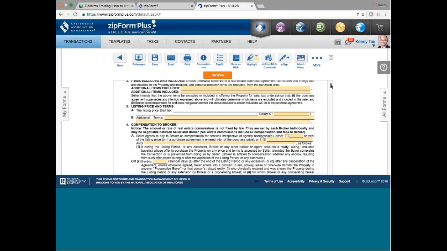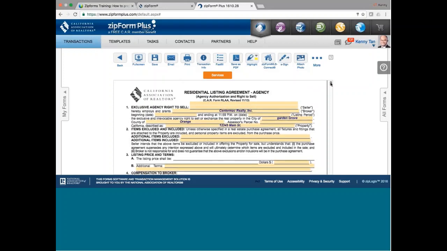Now, notice this language here. It says broker or any other broker or agent, and it excludes seller. So this one looks more like an exclusive agency, because if the seller finds their own buyer, the agent earns no commission. So this is what an exclusive agency listing agreement looks like using the CAR form.